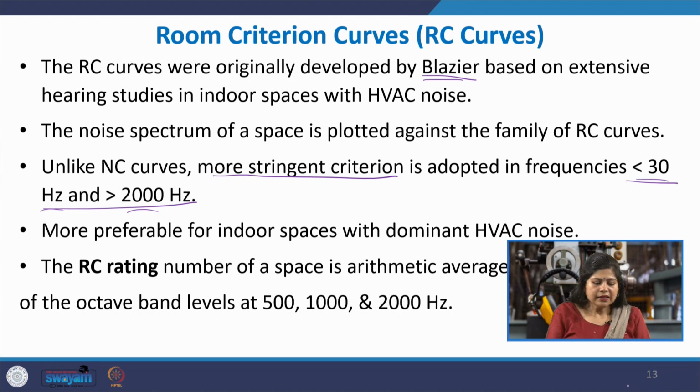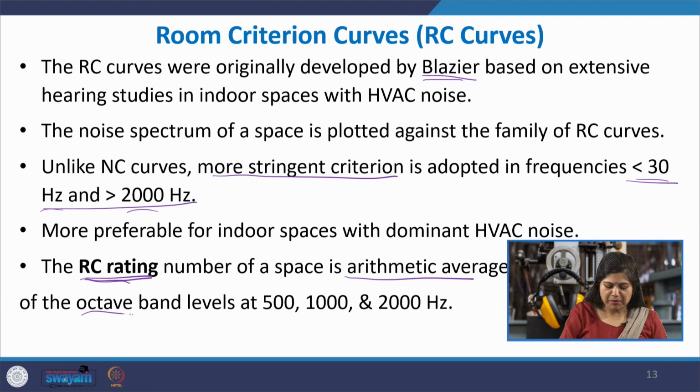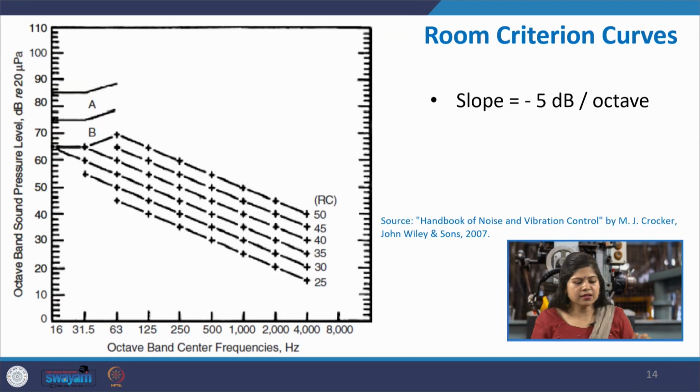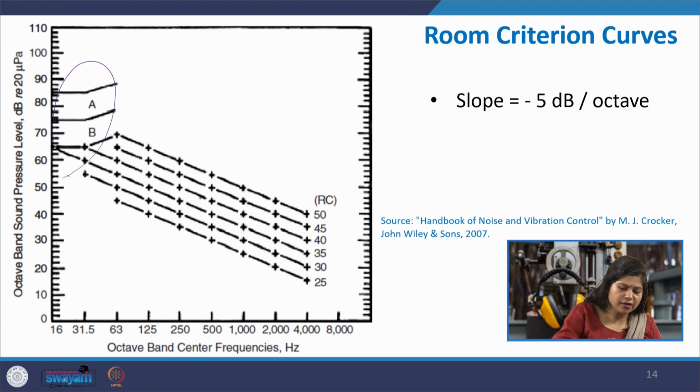Here, any space is assigned an RC rating not by the logic we used for the NC and NR curves. Rather, we plot the 1/3 octave spectrum of that environment and take the arithmetic average of the measured 1/3 octave spectrum at 500, 1000 and 2000 hertz, and that average becomes its RC rating. Here more stringent criteria are available, rather than the curve rising exponentially.